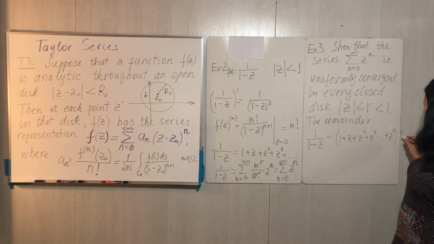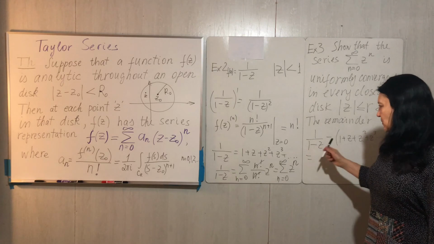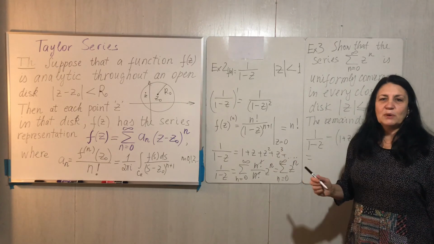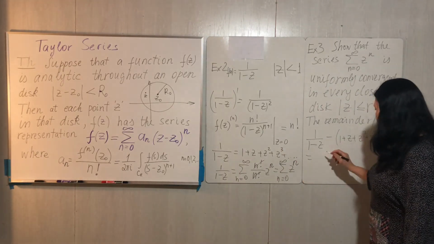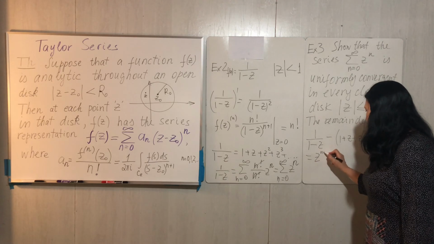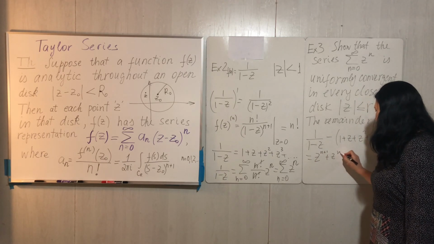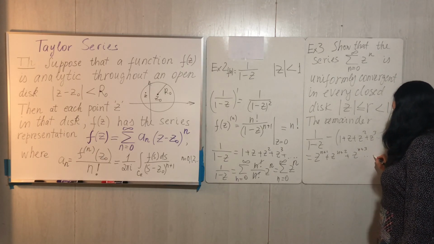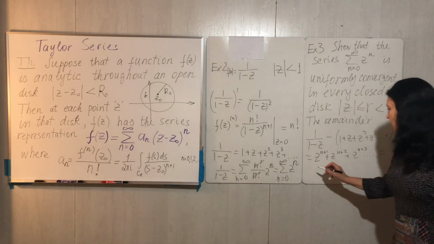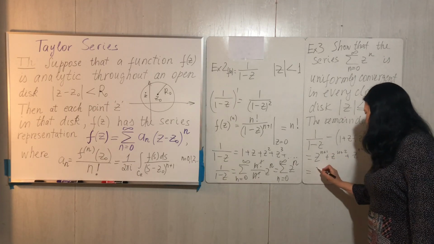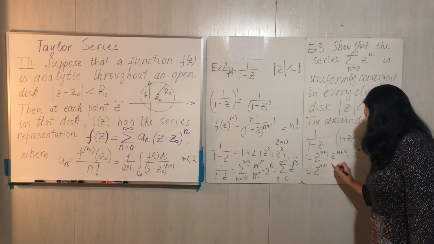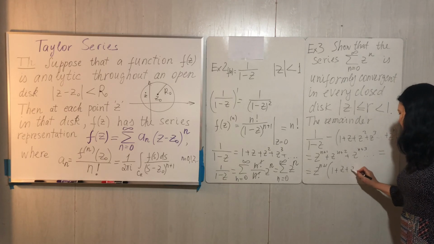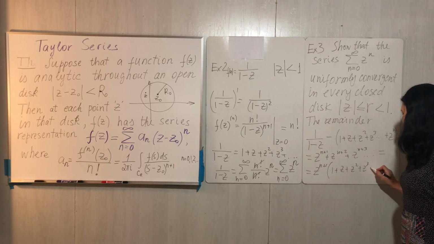After we subtract, the first terms will be cancelled, and we end up only with the terms starting with z to the n plus 1 plus z to the n plus 2 plus z to the n plus 3 and so on. And then we can pull out z to the n plus 1, and here it will be 1 plus z plus z squared plus z cubed and so on.